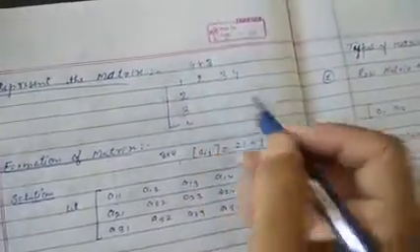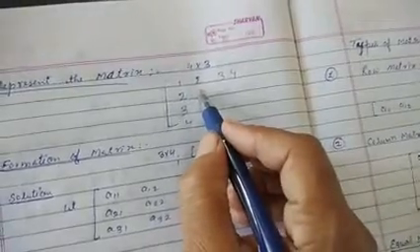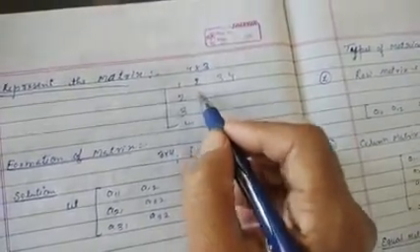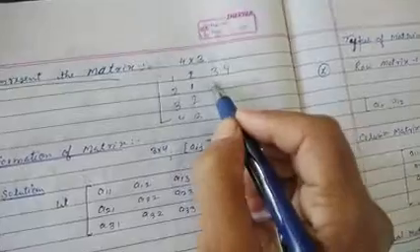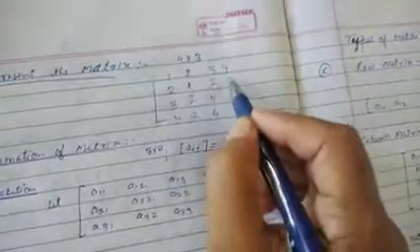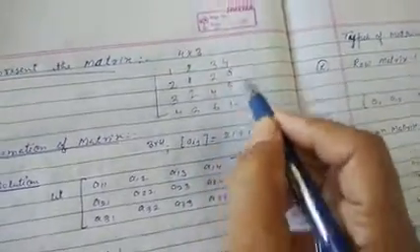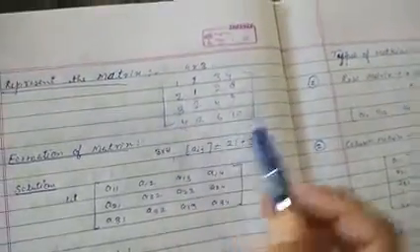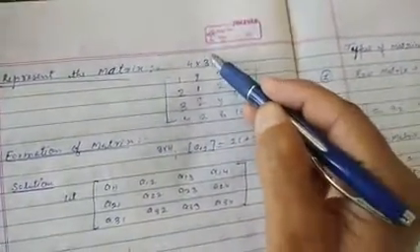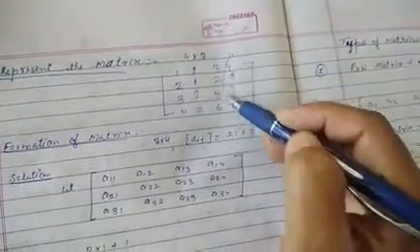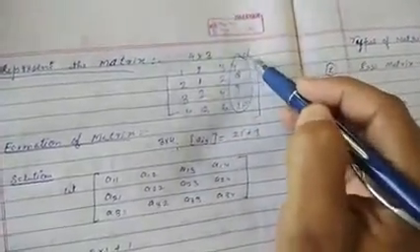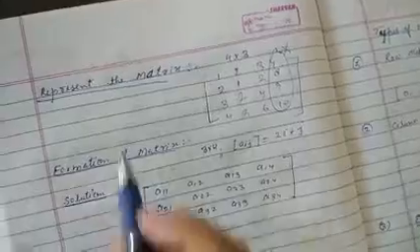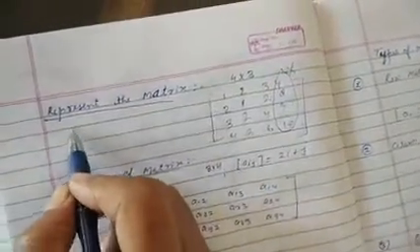Write any numbers you want in this matrix: 1, 2, 3, 2, 4, 6, 8, 9, 10. See, in this case there are 4 rows and 3 columns, but here are 4 columns, so it is wrong. So we have to write another one.